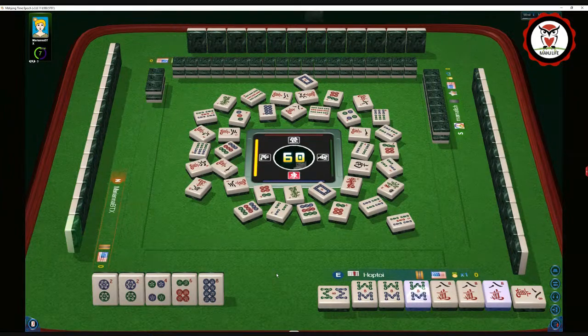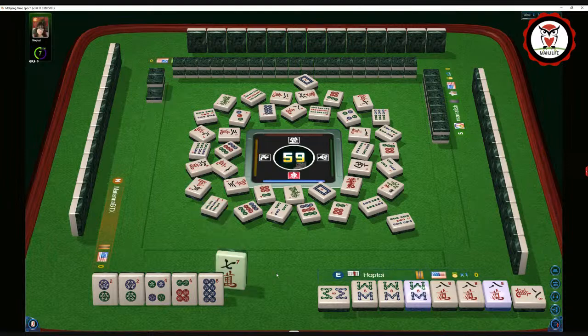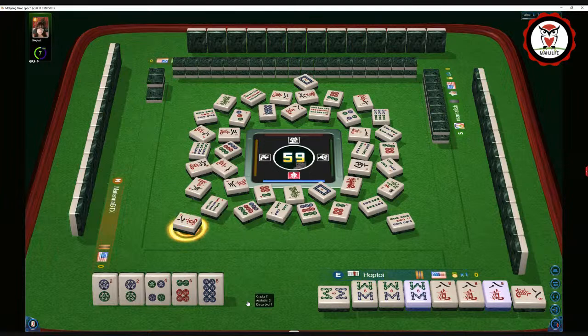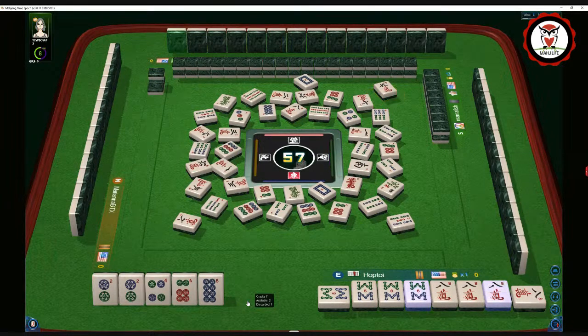Because if we're playing like numbers with 8s, we need a pair of 8s. 7 bamboos. 7 characters. 5 characters. Looking for an 8 dot to win.